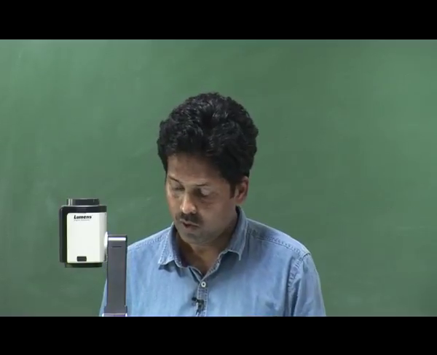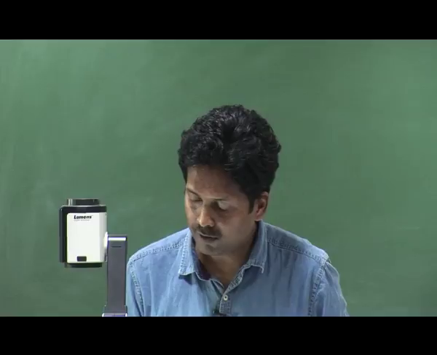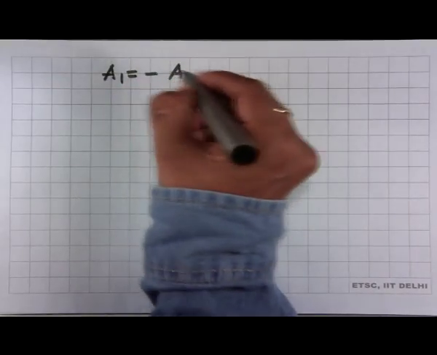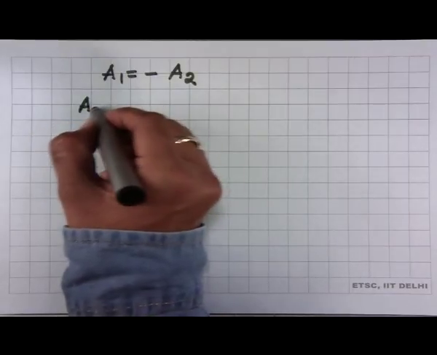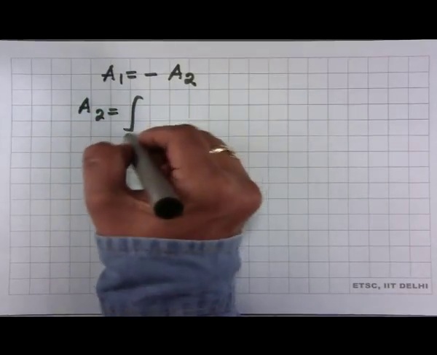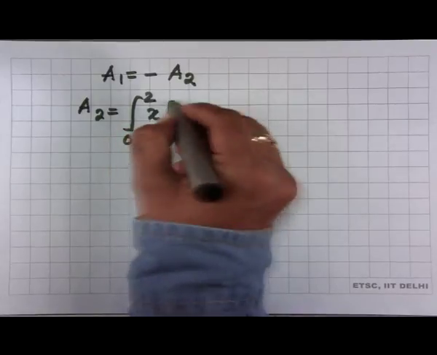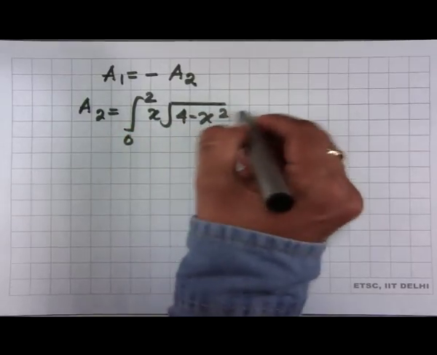So A1 will be minus of A2, and A2 is 0 to 2 x under root 4 minus x square dx.